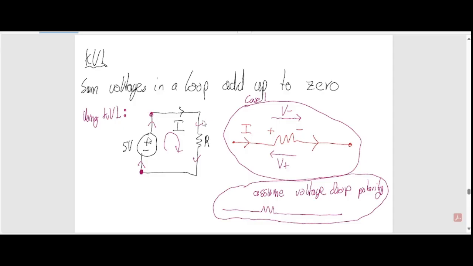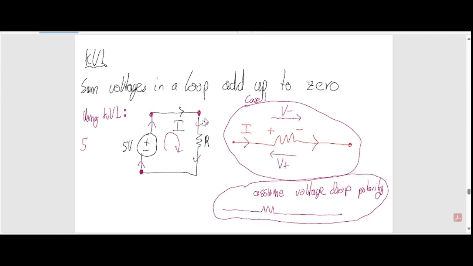So from minus to plus will be plus 5. Right here, it'll be 5. Then we reach here, and we go here, then this resistor here.